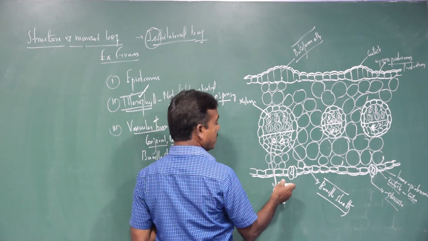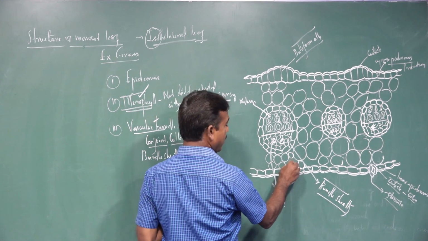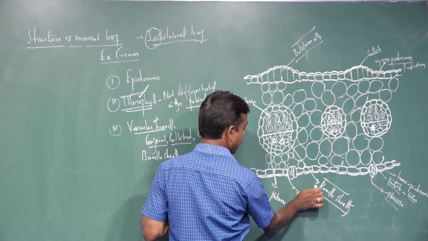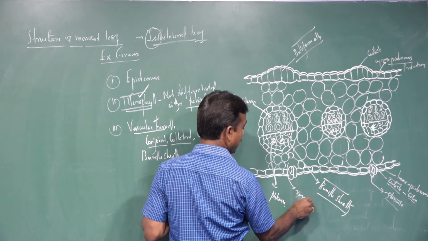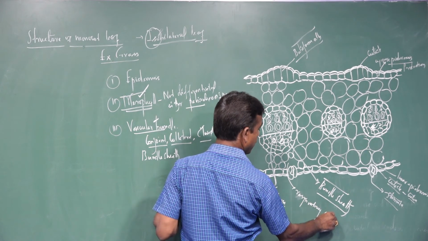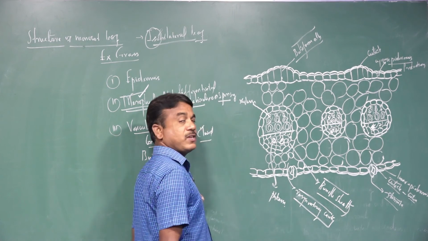Some air spaces occur near the stomata, commonly called the respiratory cavity. So what is the definition?